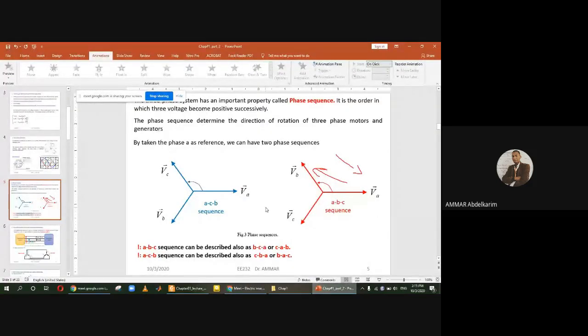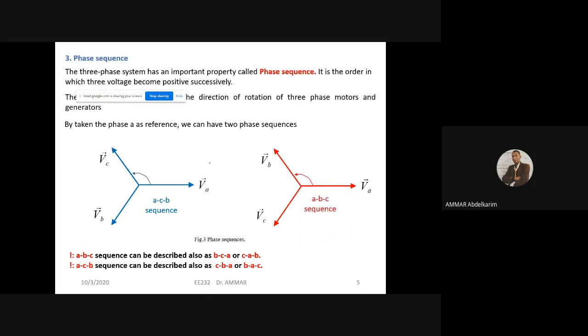Since we have three phases, when we represent them by this phasor diagram, if we take this direction, the sequence is A, B, C. If we take the opposite direction, you can say that the angle is negative, and the sequence is A, C, B.